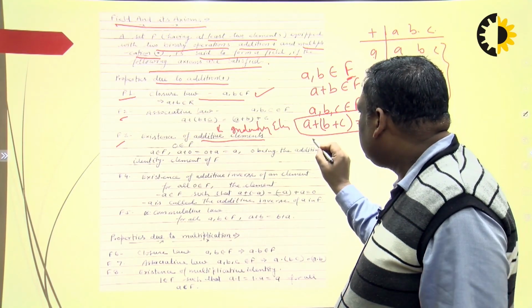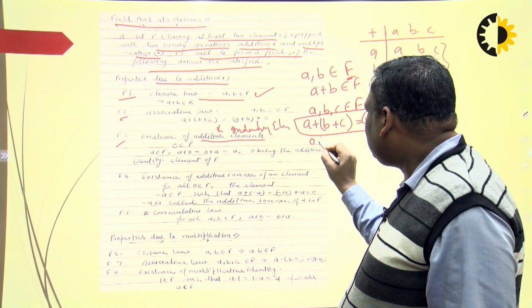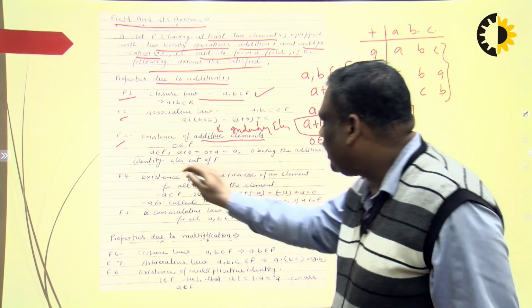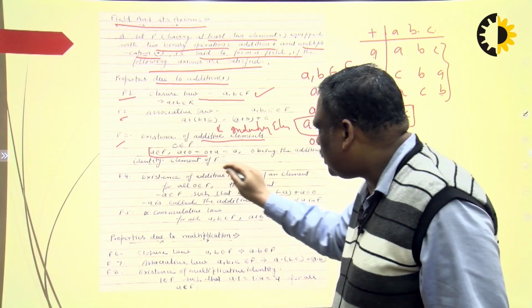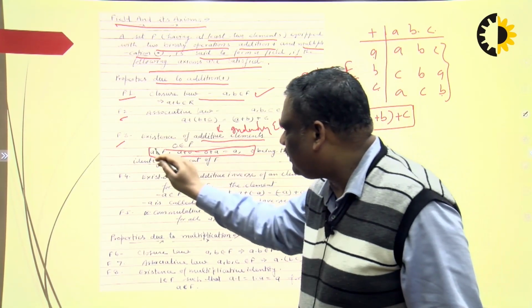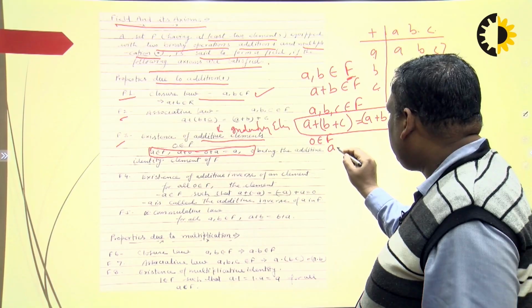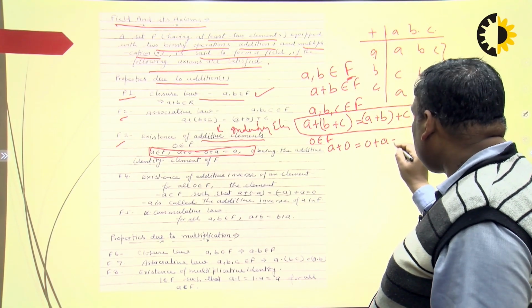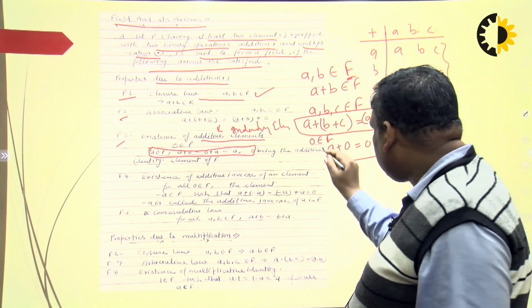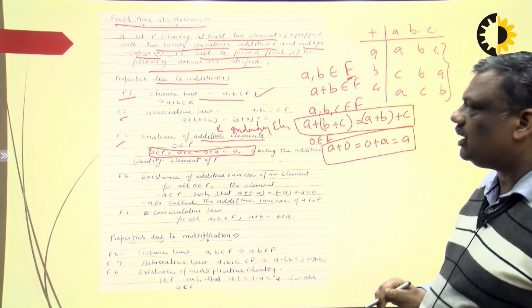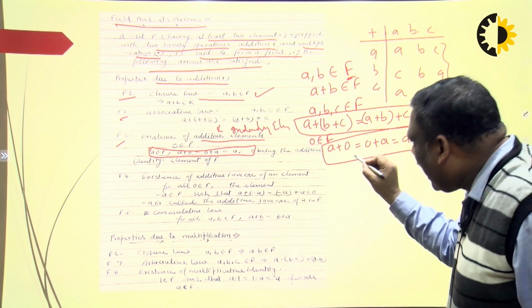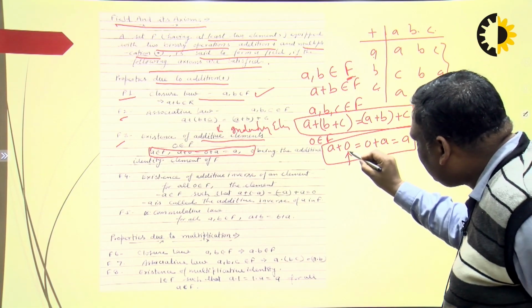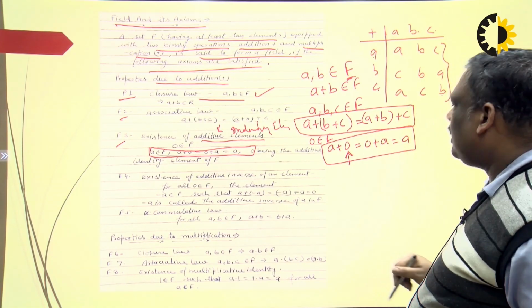So 0 is an element of F. That means when we apply this operation, we see A plus 0 equal to 0 plus A is equivalent to A. So if it holds this type of property, that is known as an identity element existing in our F. So this one is 0 existing in our set F.